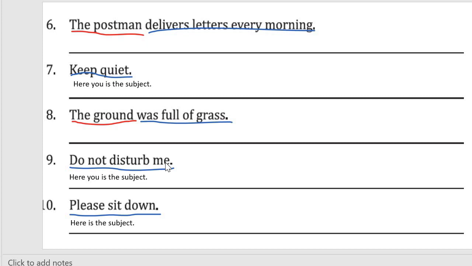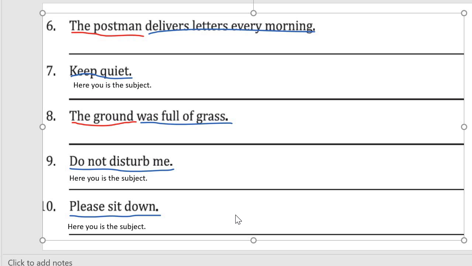Here also you is the subject. So please sit down is the predicate. Here also you is the subject, you is hidden here. You please sit down.